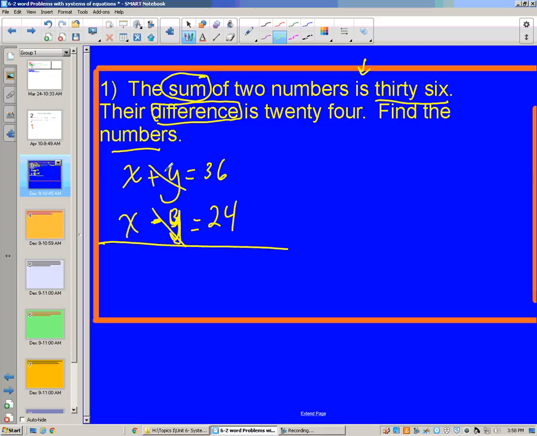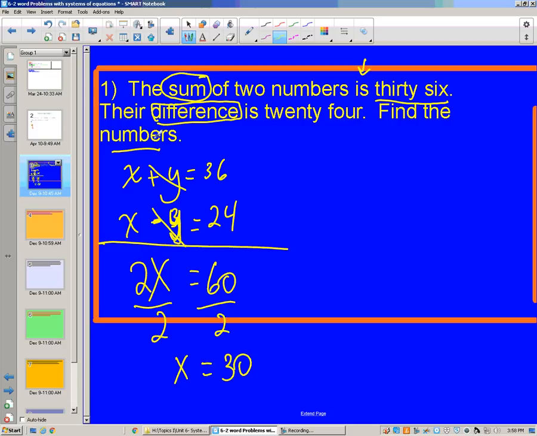When I add a positive one and a negative one, it's just going to be 0. That's nice because it leaves me just the x's. x and x will give you 2x. I also have to do the same thing with the numerical values, so 36 and 24 will give me 60. Now it's a nice equation because I only have one variable to solve for. Divide by 2, and x will be 30.